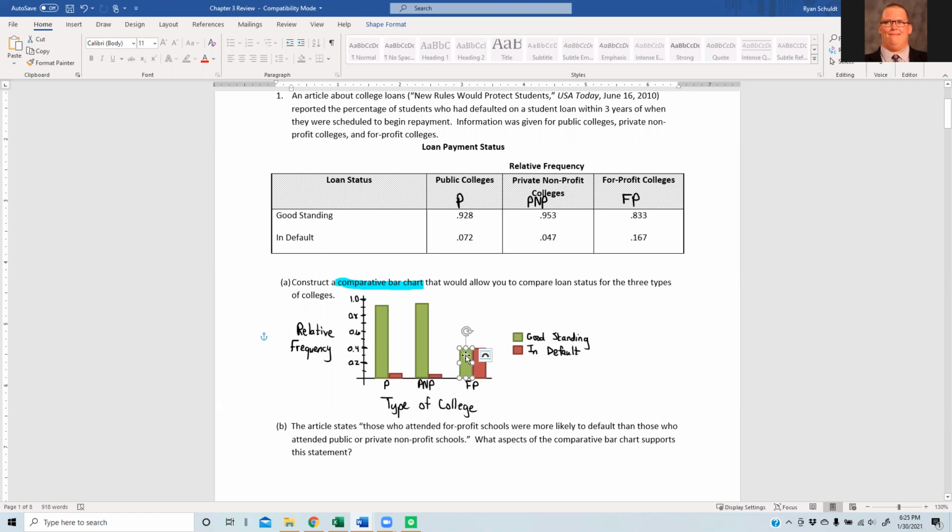Then for-profit, good standing is 0.833, so significantly less. I'd say, oh yeah, about right there. And then in default's 0.167.